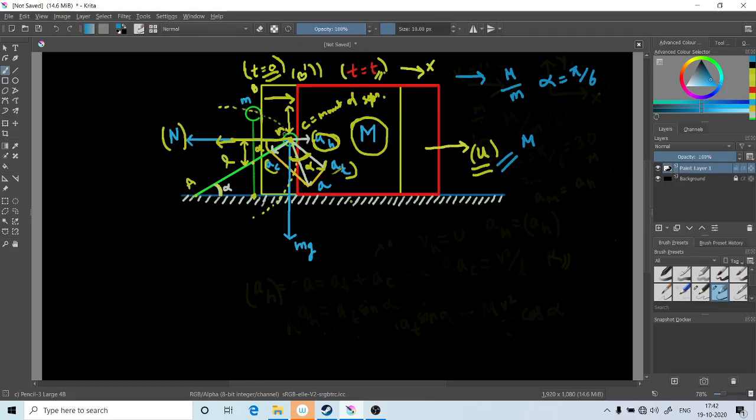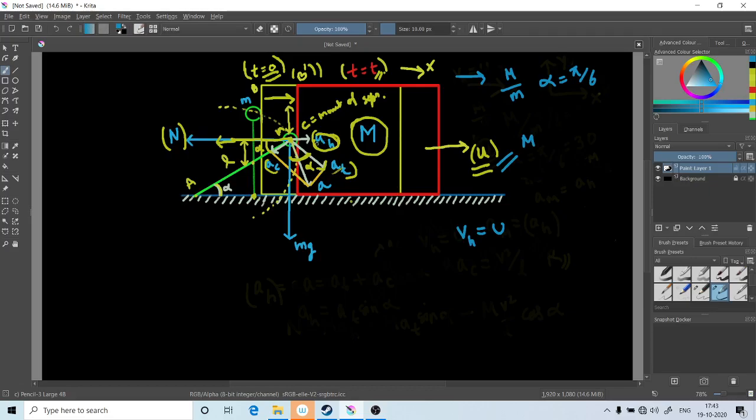As long as the load touches the body M, the velocity of the body is equal to the horizontal component of the velocity of the load. So Vh, the horizontal component of the velocity of the load m, equals u, the velocity of the body M. And the acceleration of the body is equal to the horizontal component of the acceleration of the load.